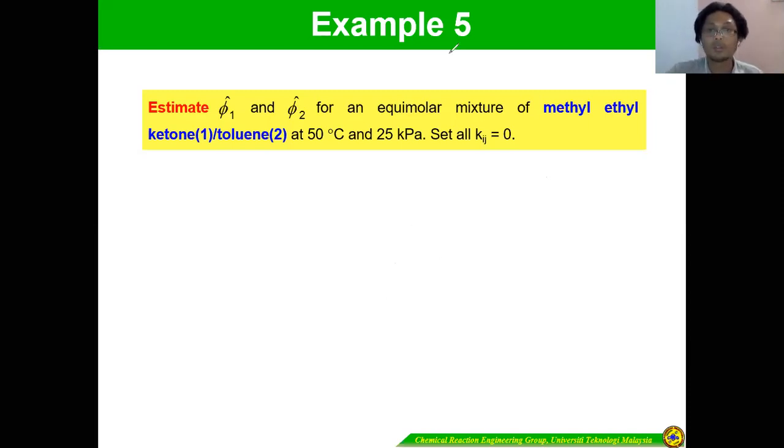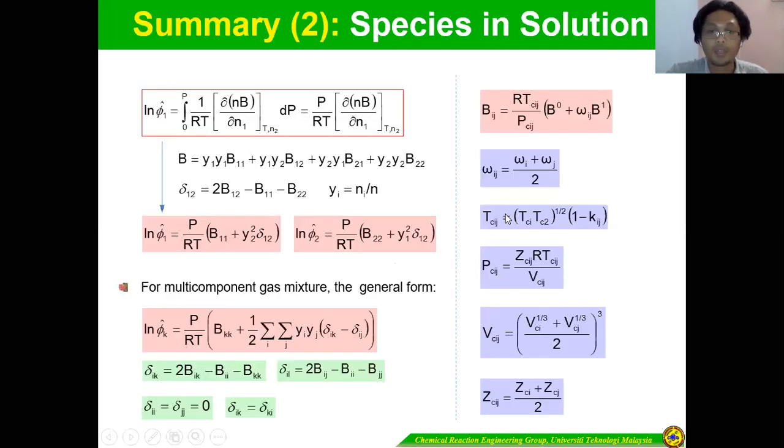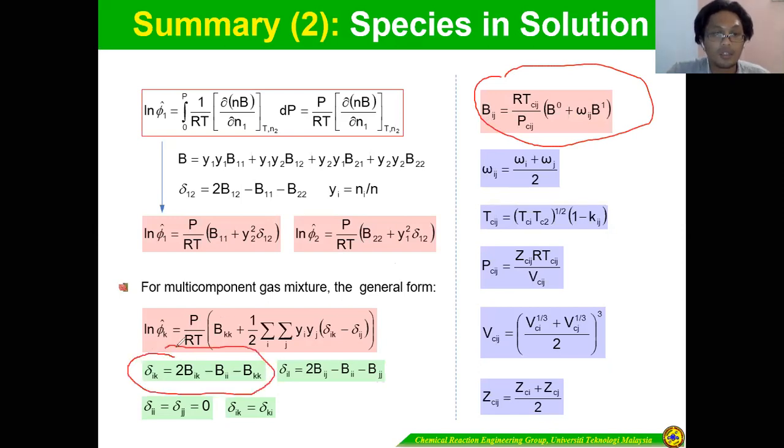Next, you have to construct another table since we need the information of B, not beta, B. You need this information to calculate delta, because your equation needs B11, delta, also B22 as well as delta.